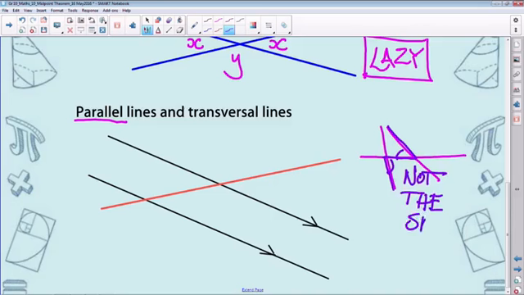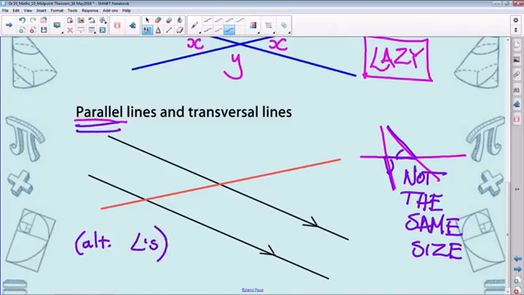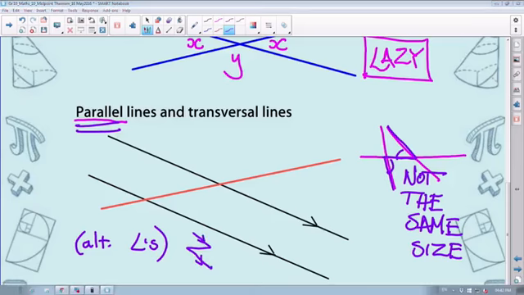I wrote it in capital letters because I really want you to remember: it only ever works if the lines are parallel to each other. So in the parallel lines, we have alternate angles. And once again, we write it abbreviated, and that will form the Z shape or the N shape, however you want to describe it.